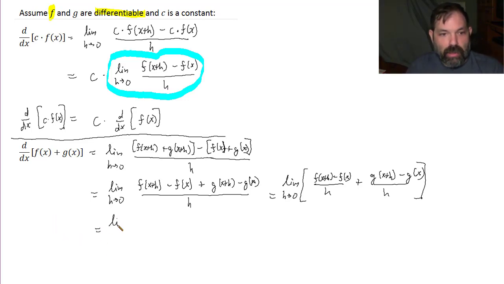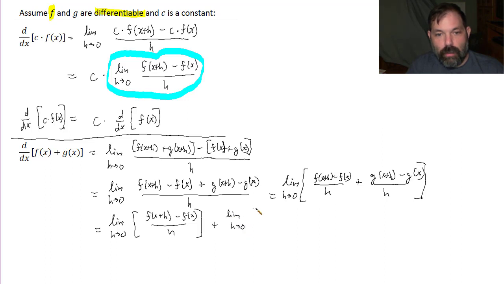So then this becomes the limit with h approaching 0 of f of x plus h minus f of x over h plus the limit with h approaching 0 of g of x plus h minus g of x over h.